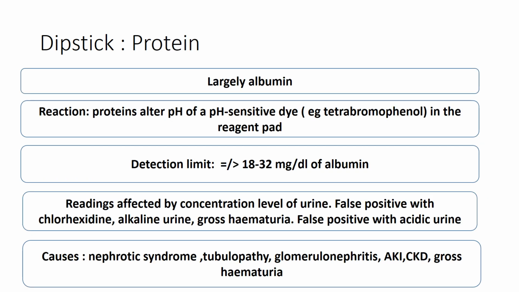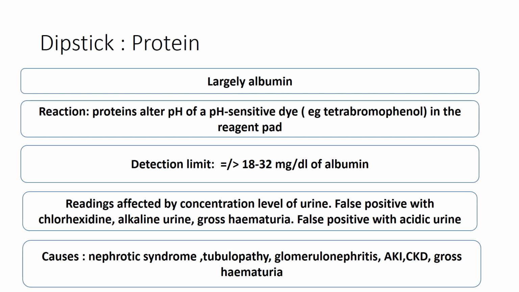The third parameter is protein. Largely, the dipstick will be measuring albumin. We know that there are other types of proteins that are present in urine, tubular proteins, as well as immunoglobulins, which the dipstick may not be sensitive to. Most dipsticks will detect albumin of between 18 to 32 milligrams per deciliter.